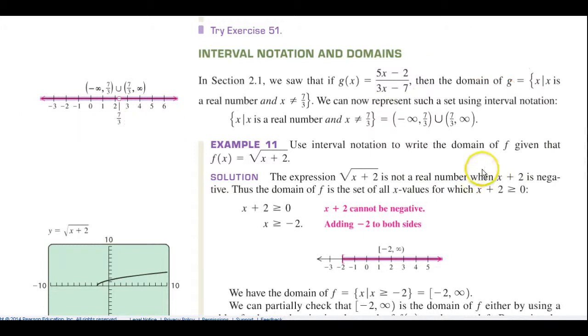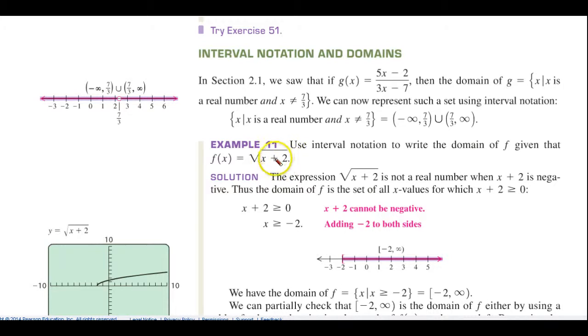Now, for number 11, here we have a function that is under the radical sign. And by definition, we can't have a number smaller under the radical sign than 0.